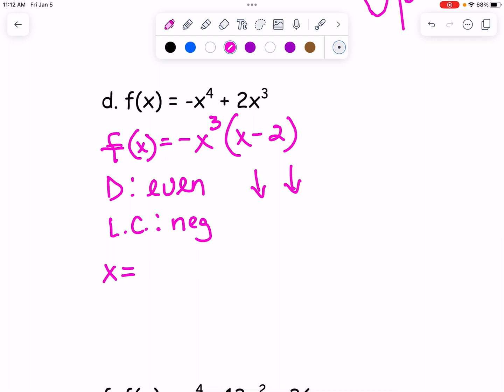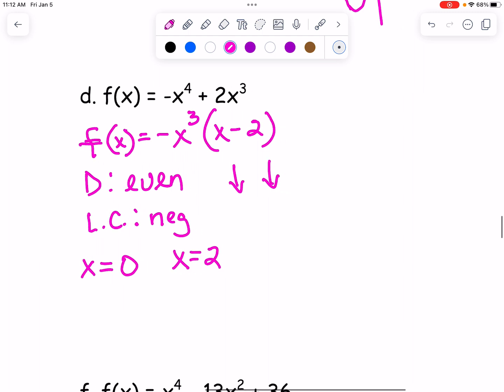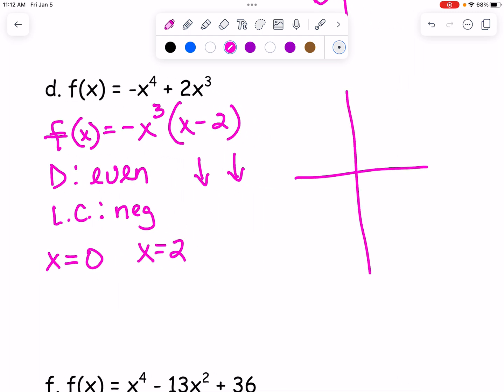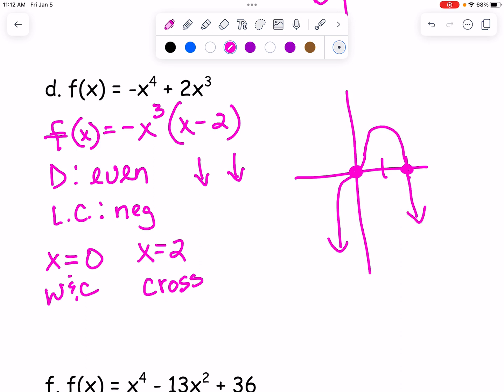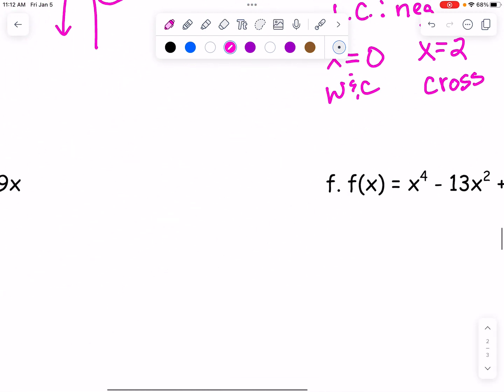My roots are going to be 0 and 2. It's going to be coming from the bottom. At 0, it is going to wiggle and cross, and at 2, it's going to cross.